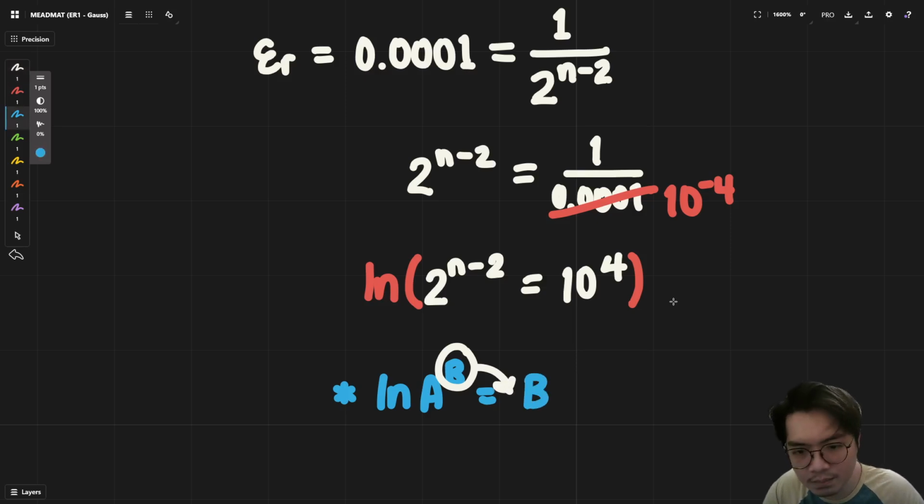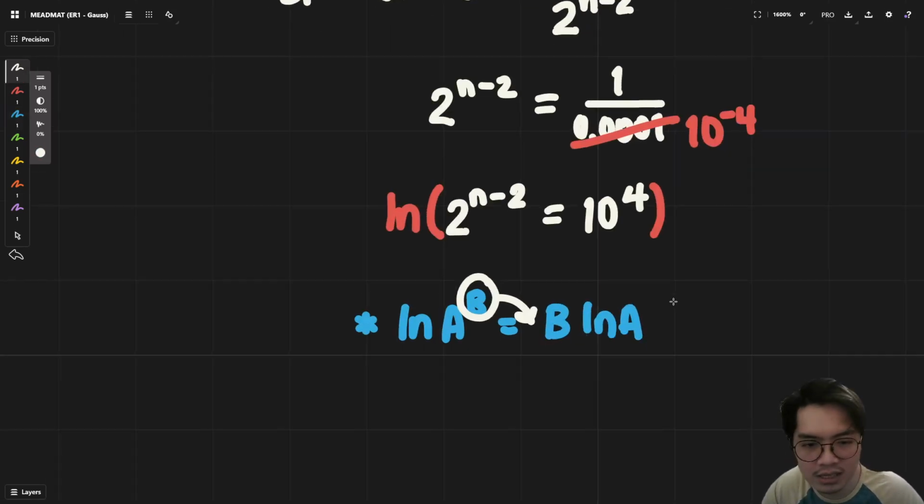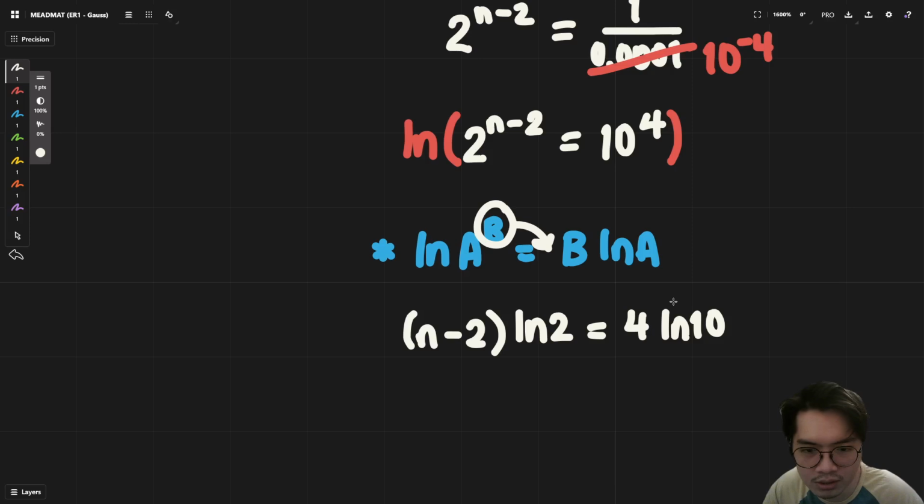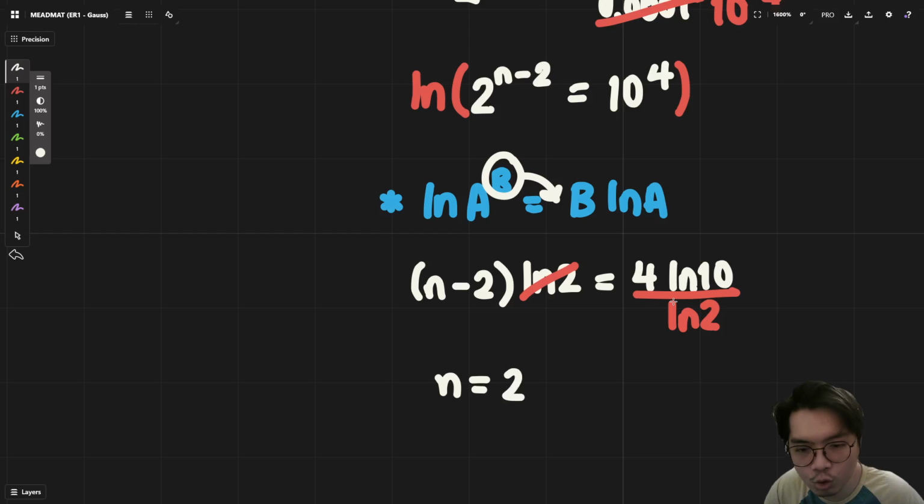So in this case, n minus 2 times ln 2 is equal to ln of 10 raised to 4, or 4 ln 10. Now divide both sides by ln 2, and n is equal to 2 plus 4 ln 10 over ln 2.